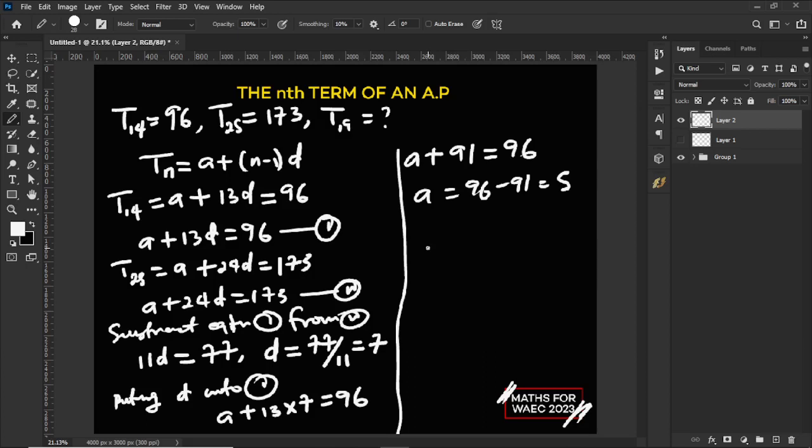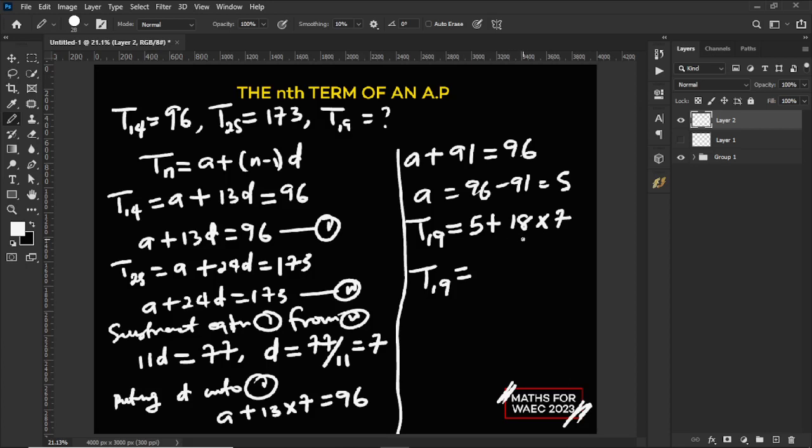Write that down. Now T19, that is the 19th term. That will be T19 equal to our first term A plus 18 times what's our common difference? 7. So T19 equal to 5 plus 18 times 7. 18 times 7 is 126.